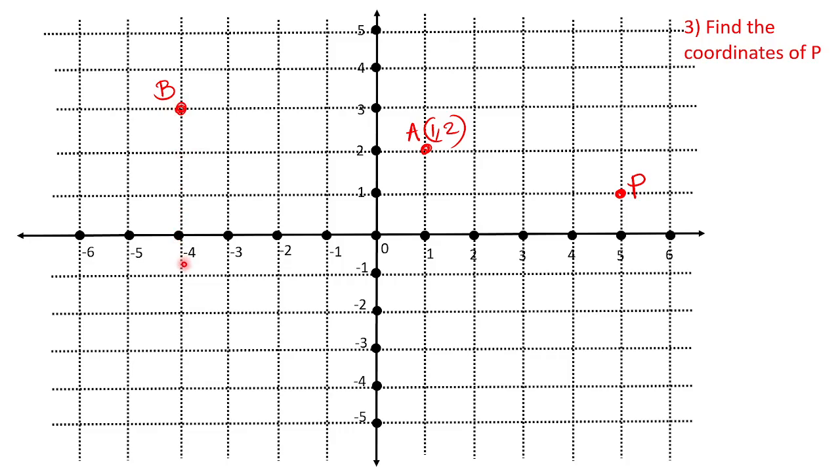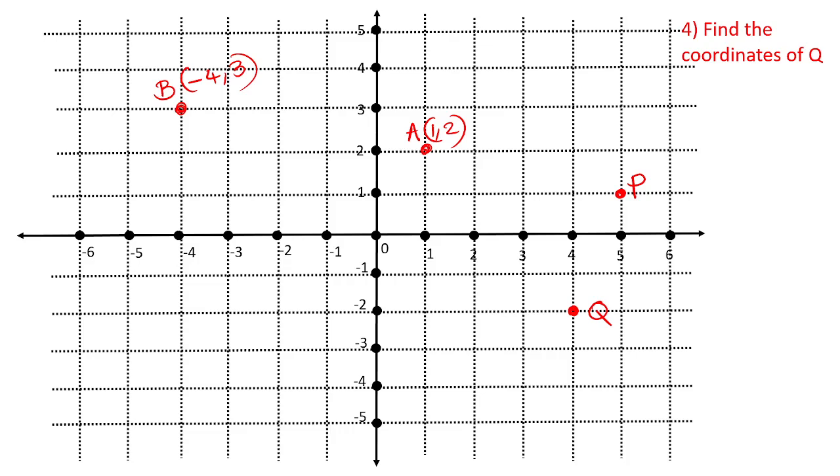The x value is -4 and y value 3. Is that okay? -4, 3. Clear. This fourth question, you have to send me the answer. Let the Q be here.